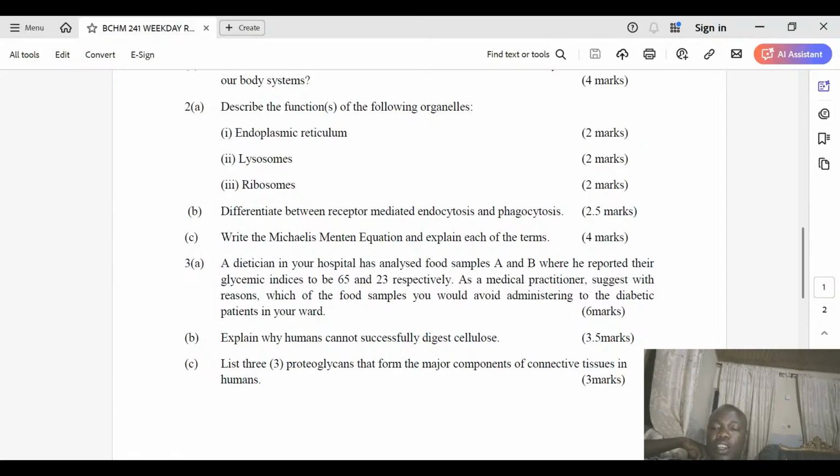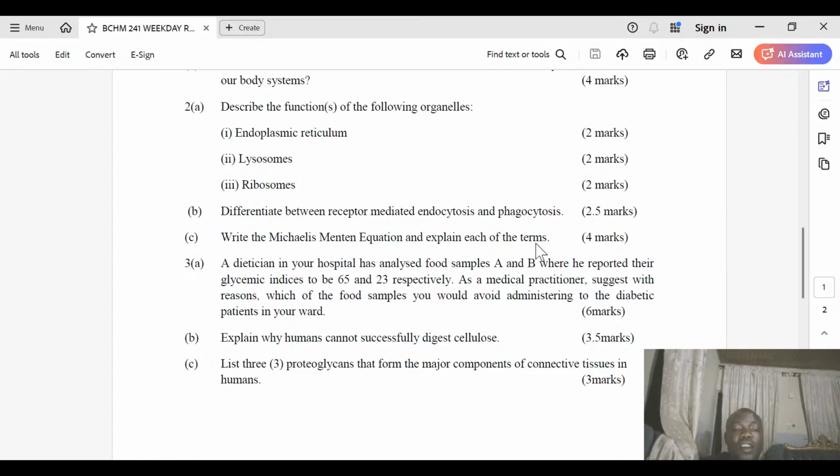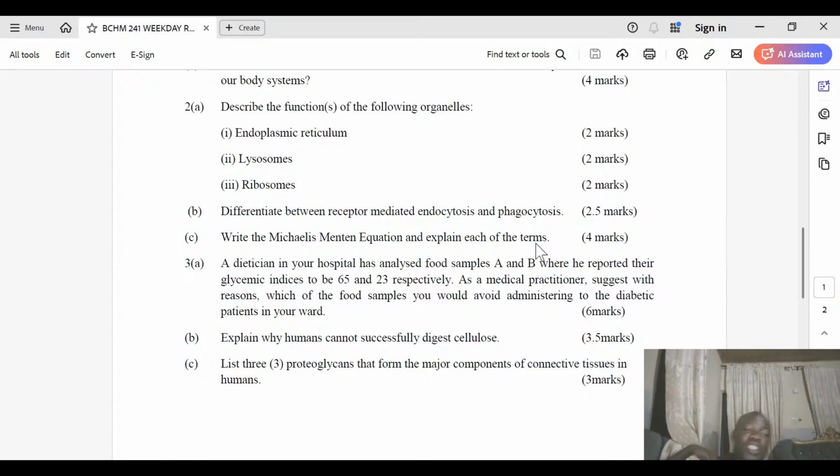So the S stands for substrate. So let's look at question 3A. A dietitian in your hospital has analyzed food samples A and B, and reported their glycemic index to be 65 and 23 respectively.